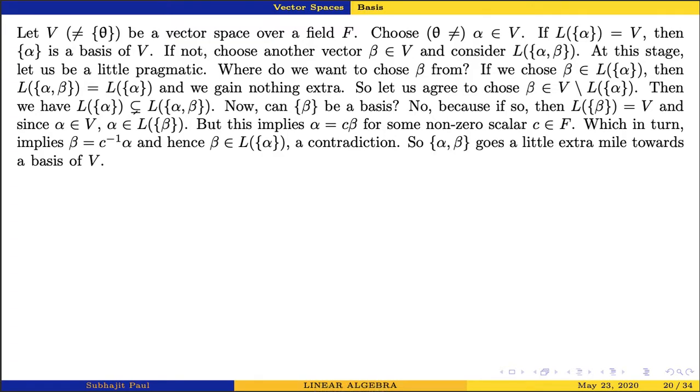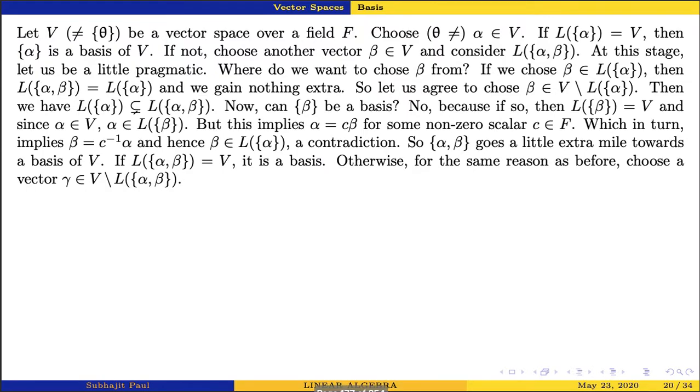So the set alpha, beta together goes a little extra mile towards being a basis of V. If the linear span of alpha, beta is equal to V, it is a basis. Otherwise, for the same reason as before, choose a vector gamma from outside the span of alpha, beta. Then the linear span of alpha, beta will be a proper subset of the linear span of alpha, beta, gamma.